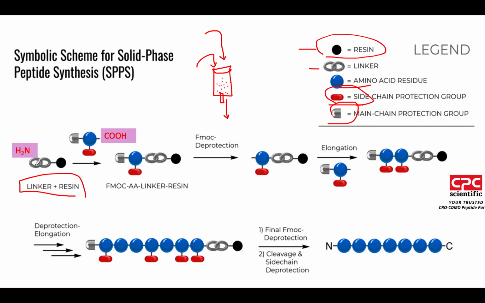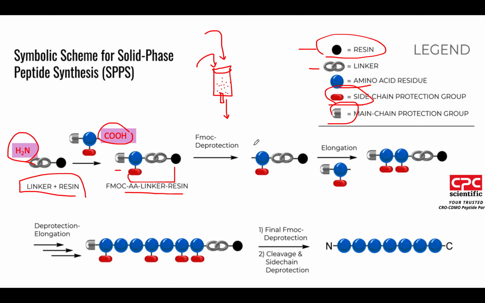This linker usually is pre-equipped onto the resin, and it consists of the amino group. When you add your first amino acid, it usually has the carboxyl group here, and via the condensation reaction you're going to couple them together to the linker and the resin. So you're going to form your resin, linker, and your first amino acid, which has the Fmoc protection group.